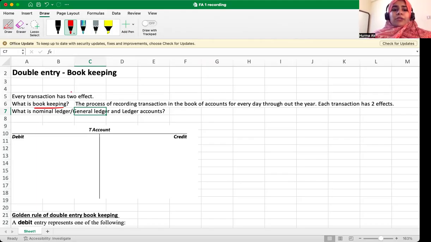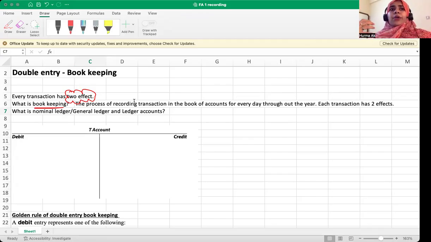Now, I have mentioned that every transaction has two effects. What does that mean? We will be looking at that in some time. If I have to give an example, let's say that you made some purchases. You will require raw materials.